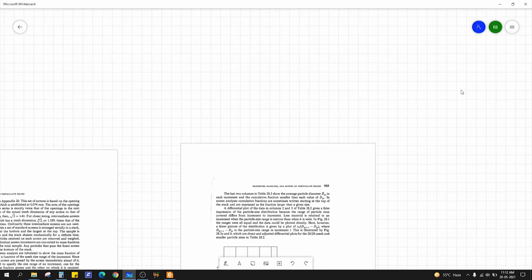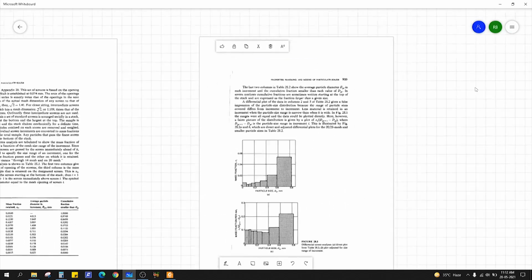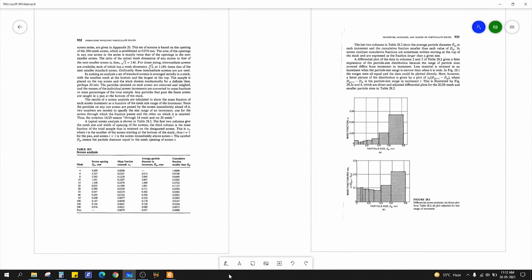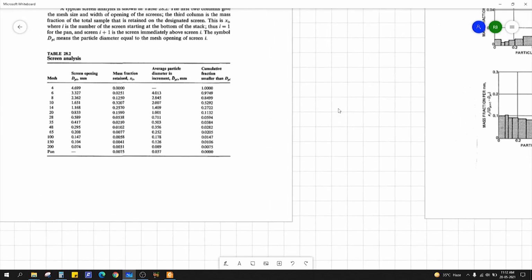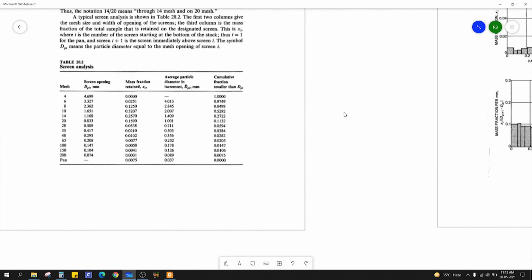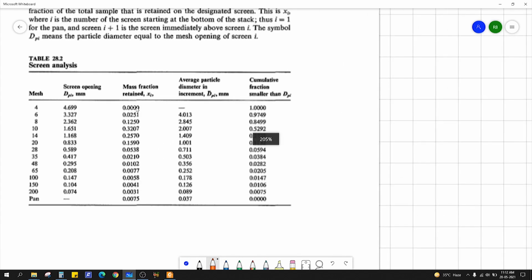Next we'll be discussing the size analysis. I already told you there are two different types of size analysis. One is differential and one is cumulative. Okay, so how to plot the graphs? So let's solve this.